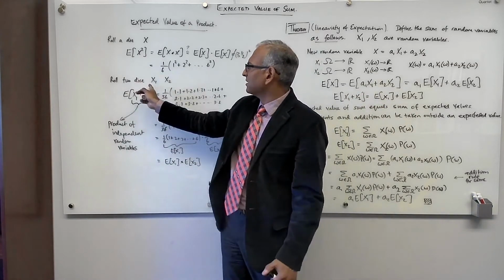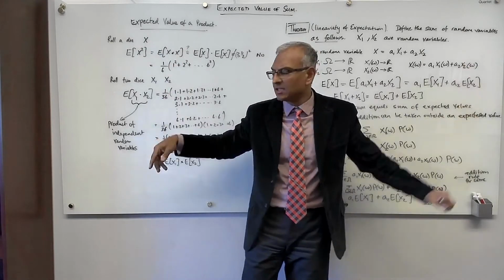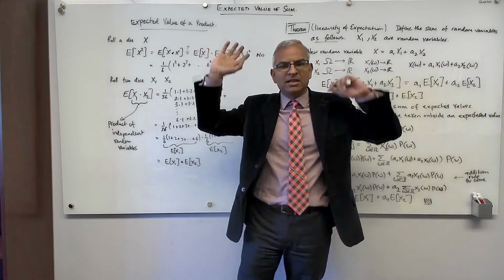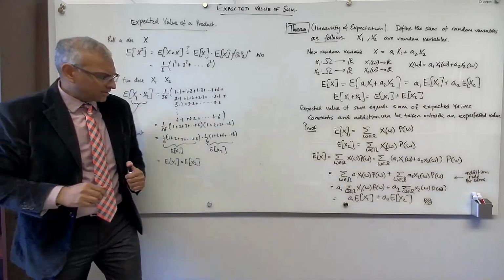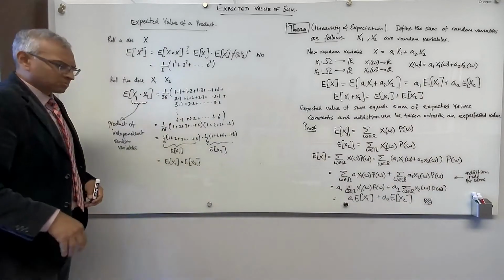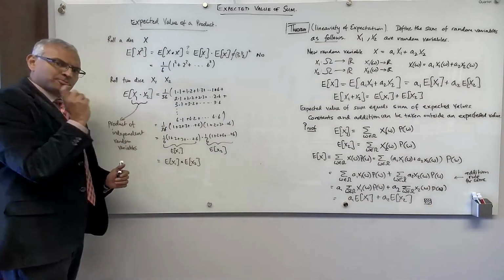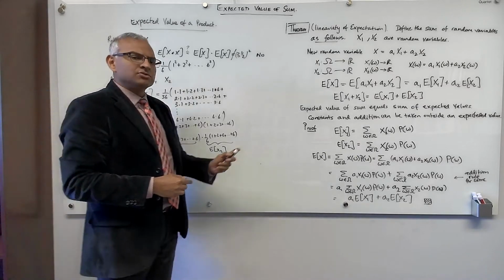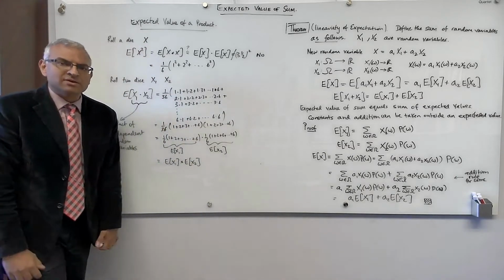Like you roll one die and then independently roll another die. So two totally independent measurements. You can read the text about more details. So the expected value of a product is only the product of expected values for independent random variables.